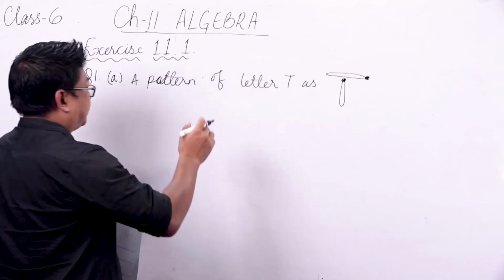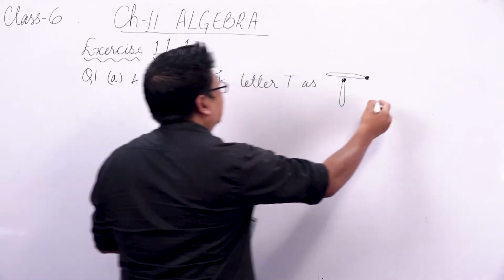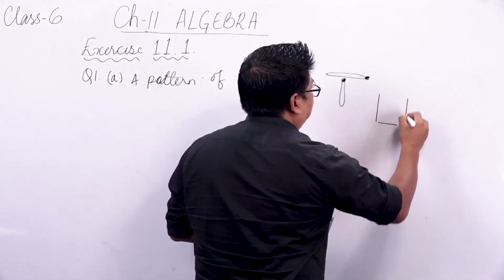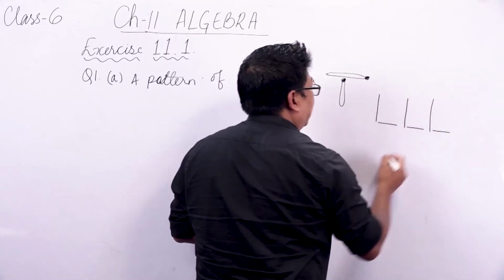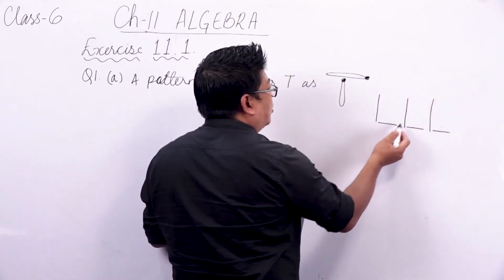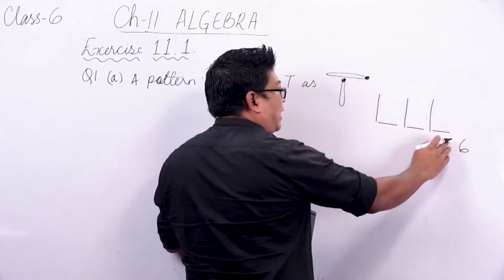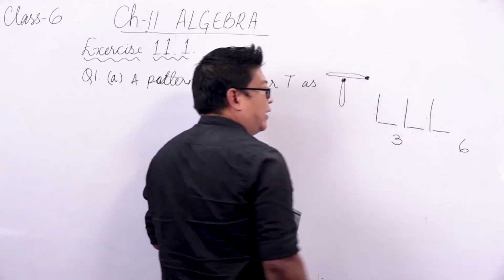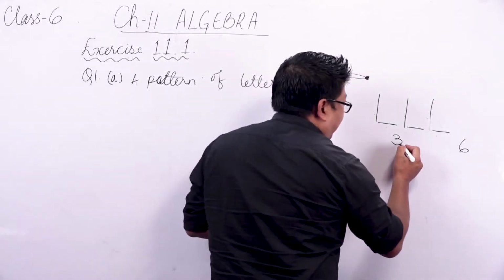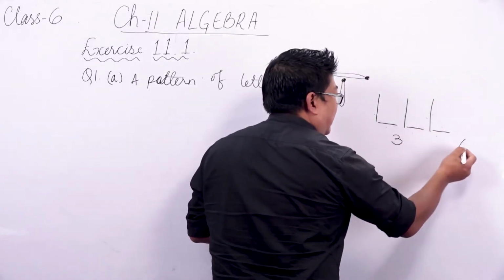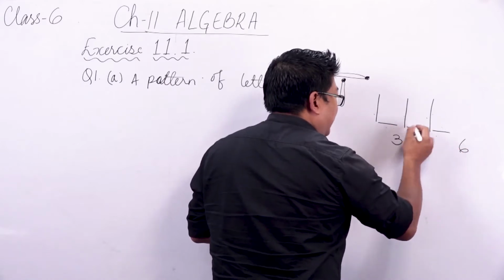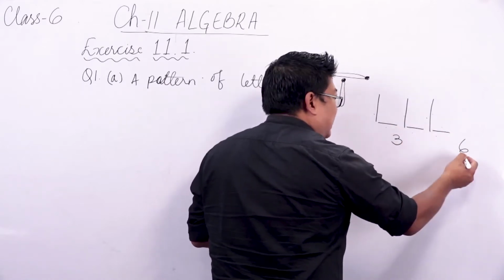So it is the same as the examples that we did for writing L. Here we have 1, 2, 3, 4, 5, 6 matchsticks, and how many L's here? 3, right? So when we draw 3 L's, we are using 6 matchsticks.